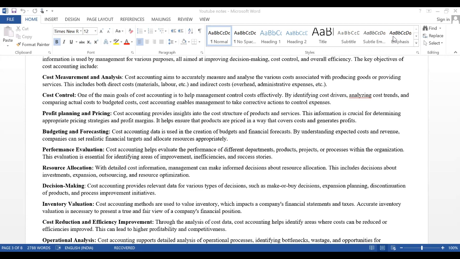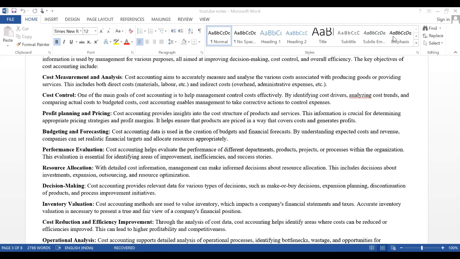Next is decision making. Cost accounting provides the relevant data, relevant information. So it will help in planning of a product or any improvements in the process. Next is inventory valuation.